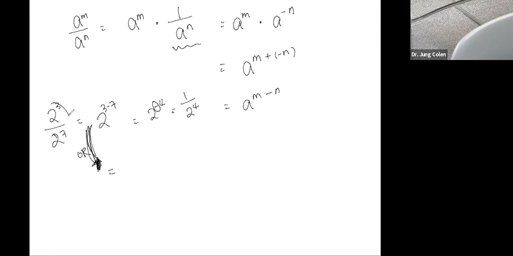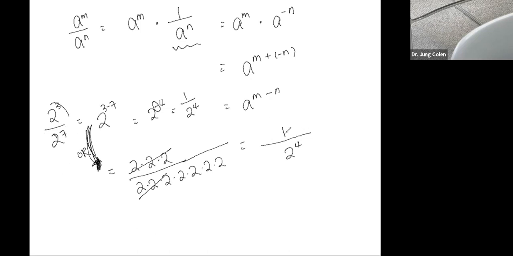Okay? So 2 to the third is what? 2 times 2 times 2. 2 to the seventh is 2 times 2 times 2 times 2, 7 of them. So we know all of these 3 will be cancelled and all of these 3 will be cancelled. How many is left? So we know it's going to be subtraction there. So 4 is left, which is the same as 2 to the negative 4.